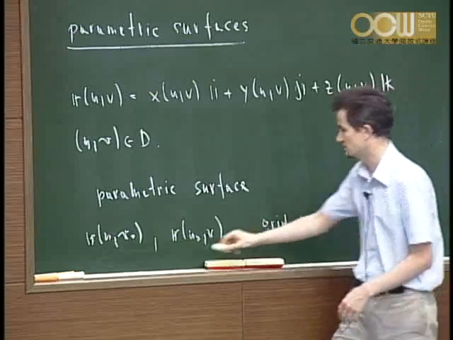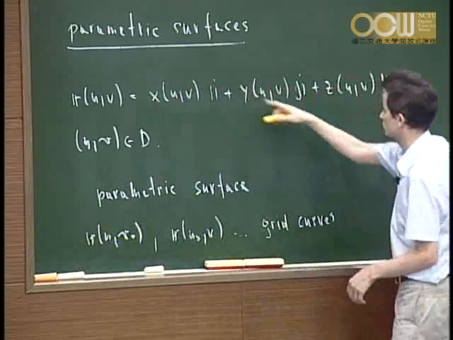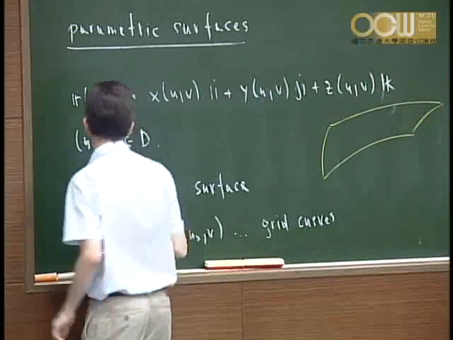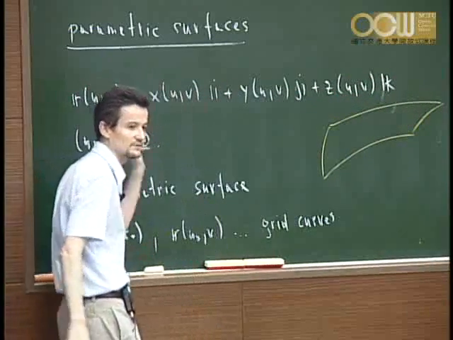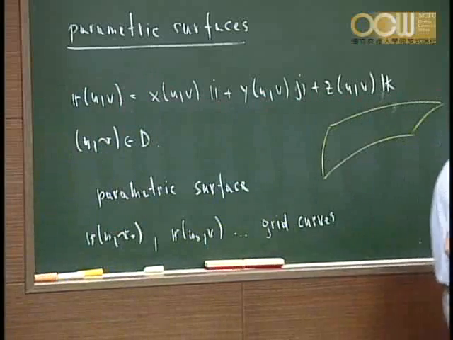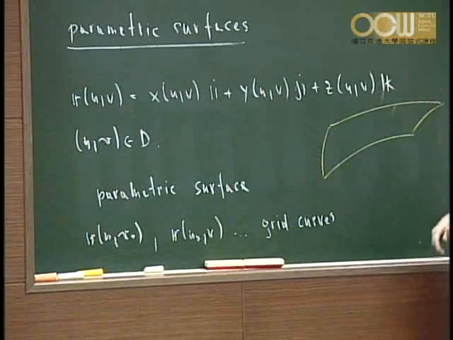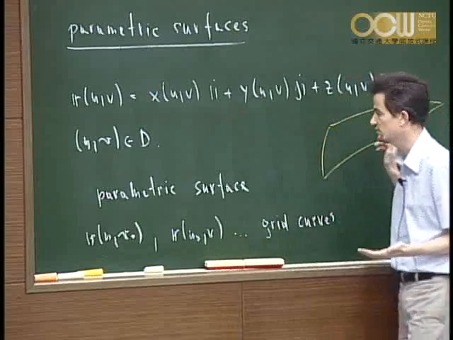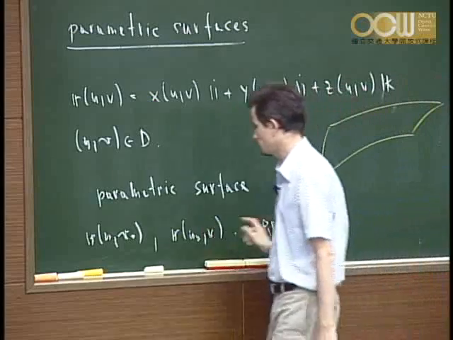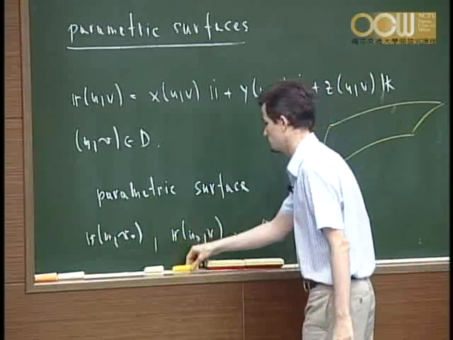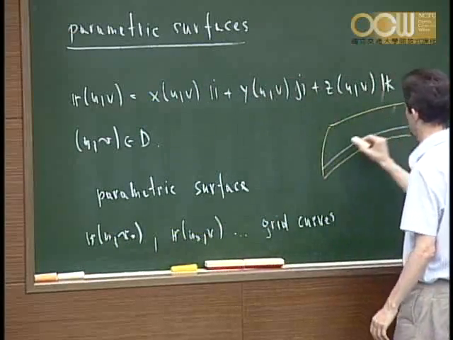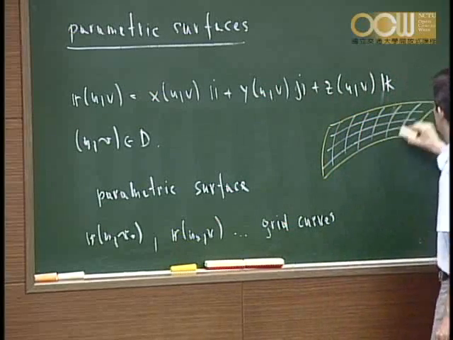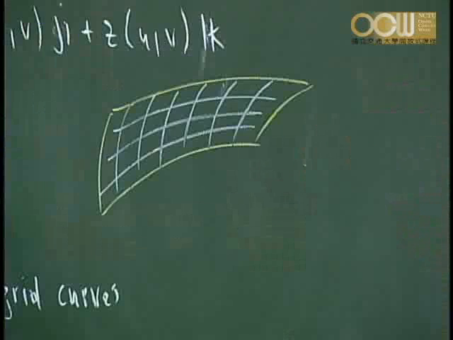Okay, so you have a surface. Actually, this does not really describe a surface, but a set of vectors. But the tips of the endpoints of the vectors give you a surface, and the grid curves are the curves which you see here, like what a graphing device like Maple would plot.